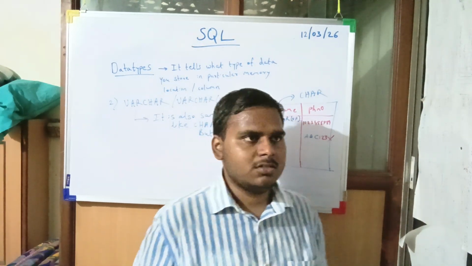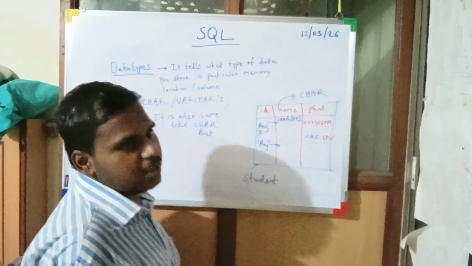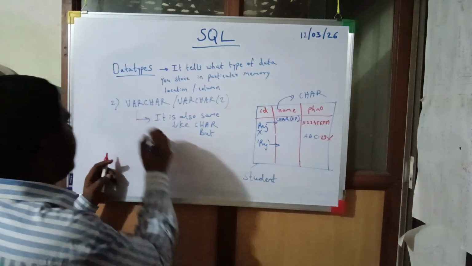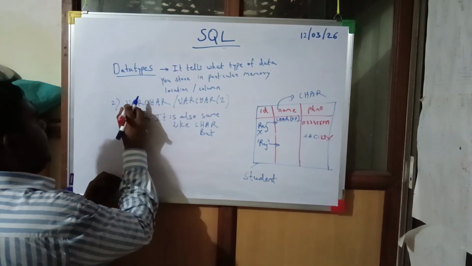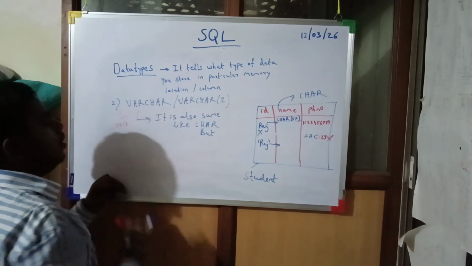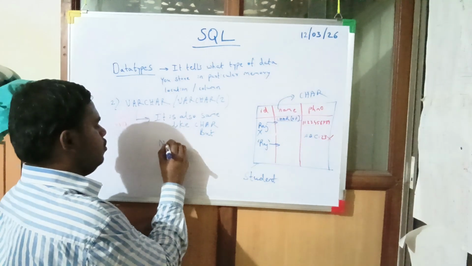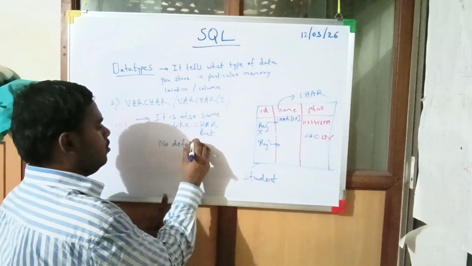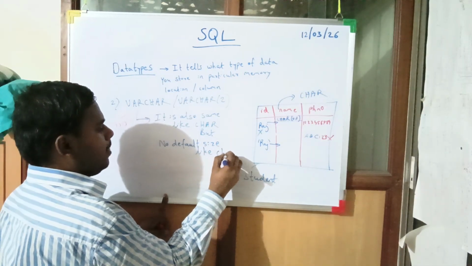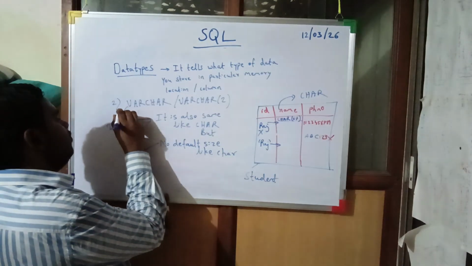Special characters should all be mentioned in single quotes. These 2 points are fixed. Common. Maximum size for VARCHAR is again 2000. But here the default size 1 is not there. No default size like char. That's a very important thing. Here also the maximum size is 2000 for VARCHAR.